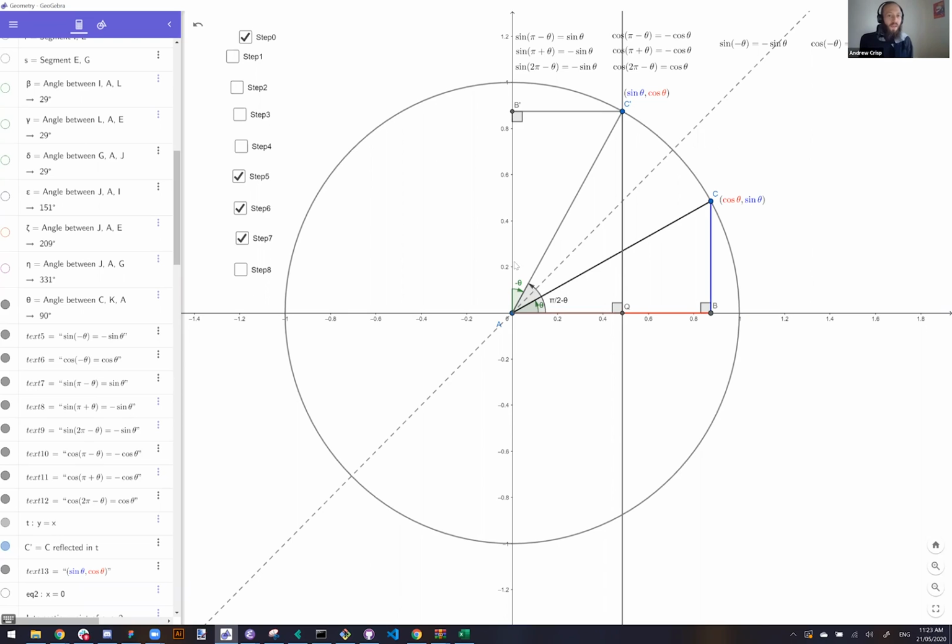So I go 90 degrees or pi on 2 radians, and then I go minus theta, and that gives me this segment here.